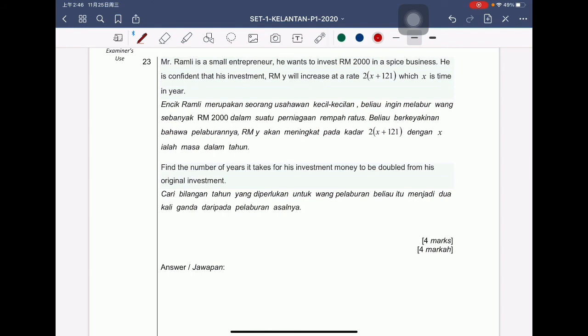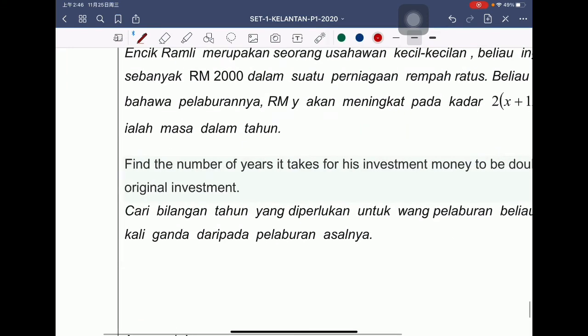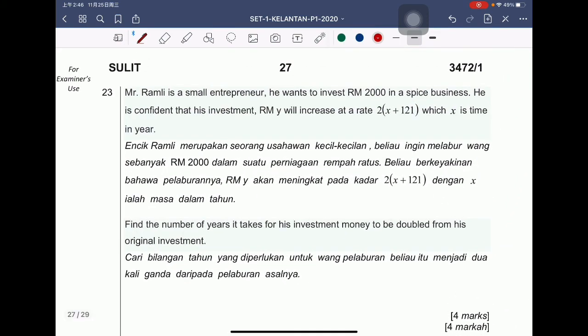Find the number of years it takes for his investment money to be doubled from his original investment. So the first information that we can get from the question is the initial money he put in is 2,000 ringgit, and then RM y will increase at the rate of 2(x plus 121).